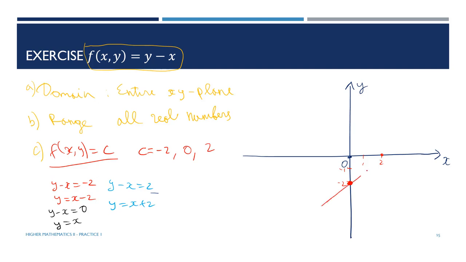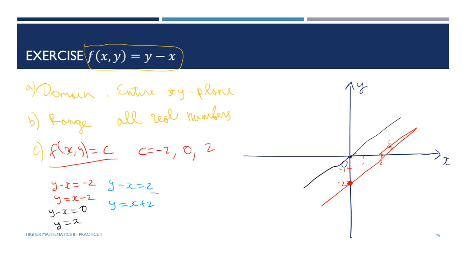This point, and this point. Okay, y equals x, the black one. It should be somewhere here, like this.